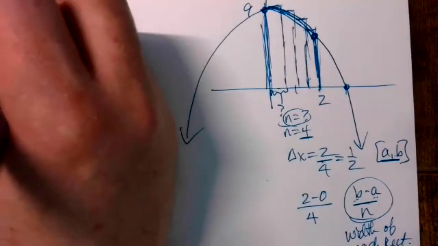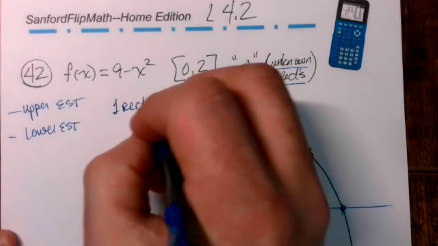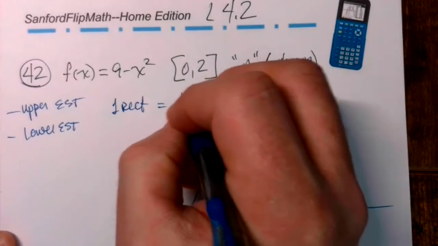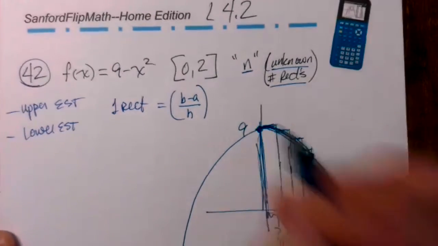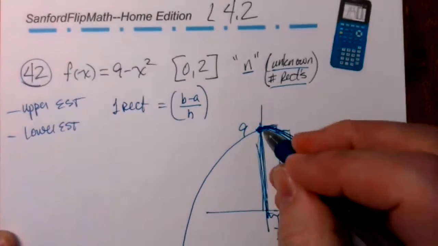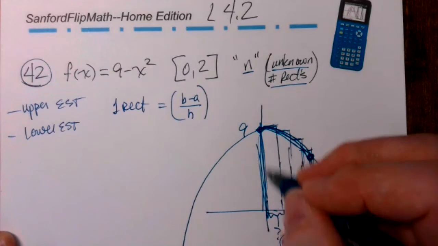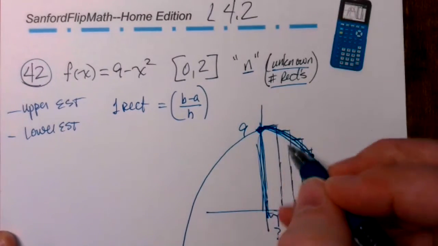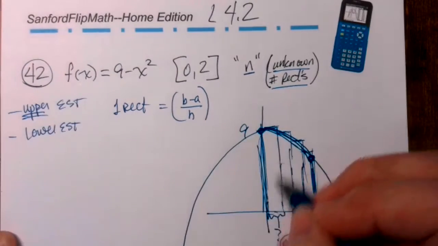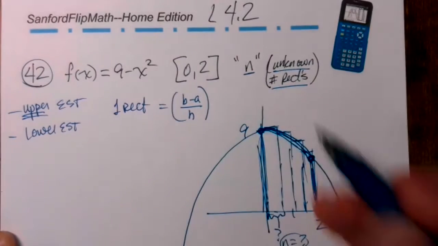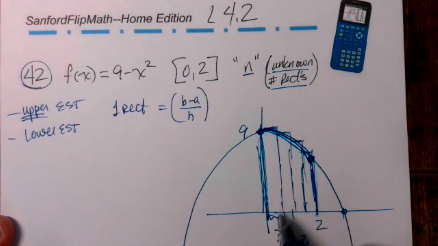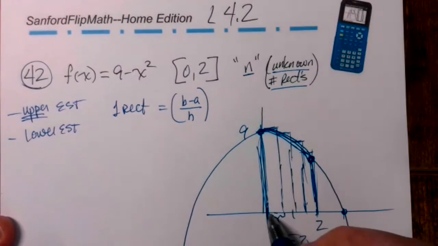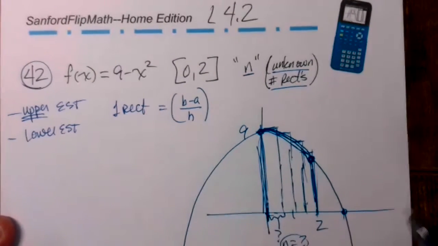The area of one rectangle is going to be the width of that rectangle times the height. Now the height of this rectangle, if I'm doing an upper estimate, I want to be on the left side because it's decreasing and it's going to go out. So I need to start at the first x value, which in this case is 0.